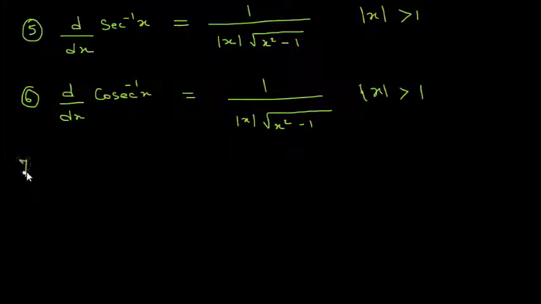Next, d upon dx e to the power x is equal to e to the power x.